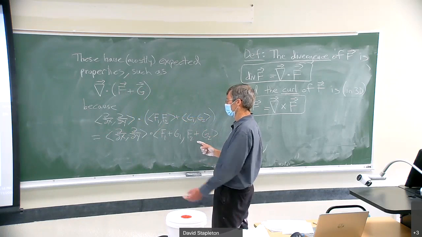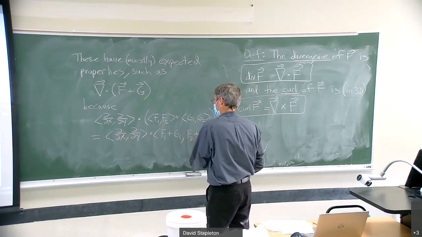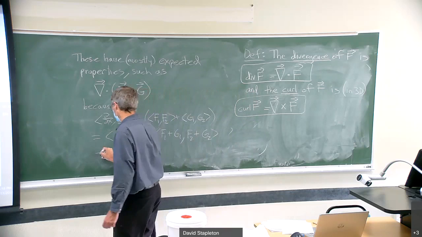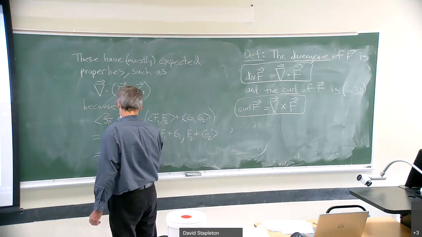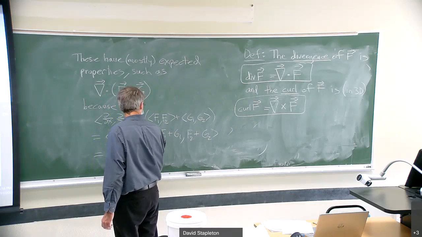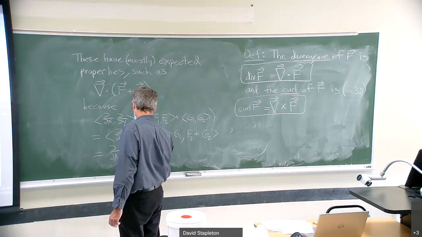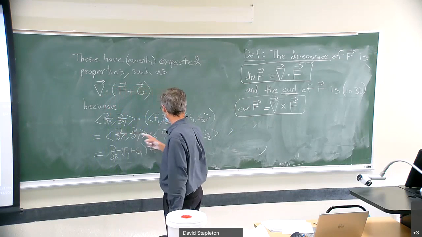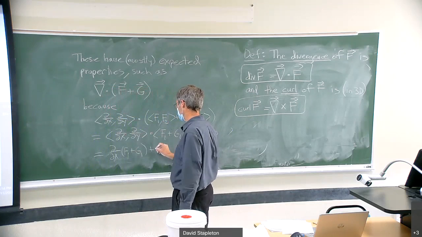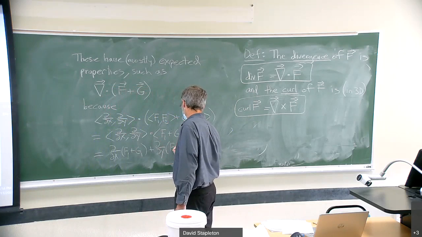And now, by the definition of divergence, we take d dx of this plus d dy of that, and we get a scalar function. So we got d dx of f1 plus g1. All right, this operating on this plus this operating on this, that's the dot product. Plus d dy of f2 plus g2.